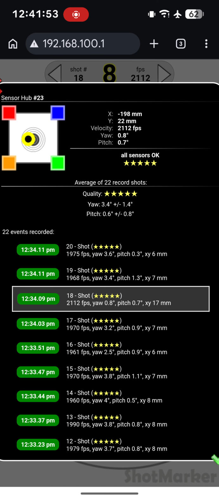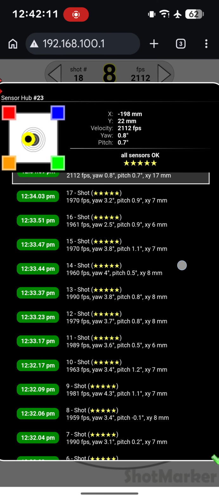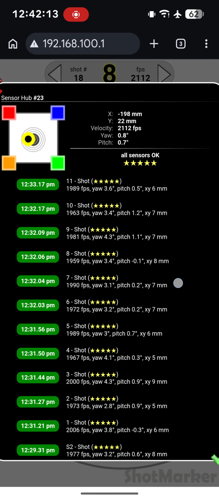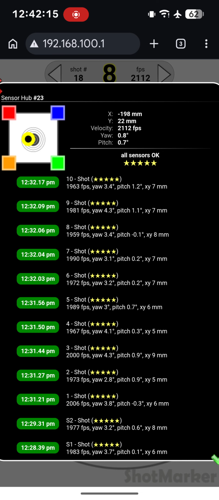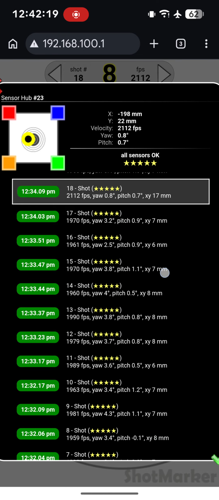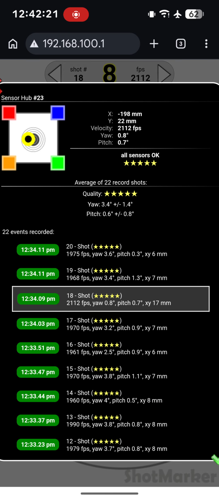The quality is reported as okay. But the fact that the velocity is very different here indicates to me that this measurement potentially had an issue. All the other shots look fine. None of the other shots have a velocity anywhere near 2100.